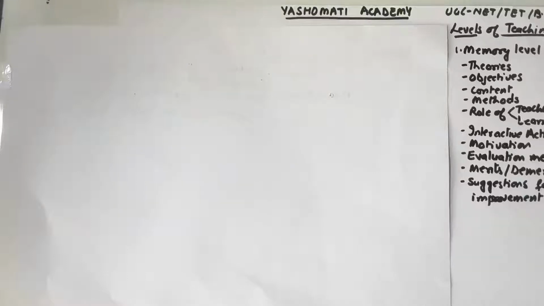Today we are going to start with the topic levels of teaching and teaching at memory level. In the previous classes we have tried to understand that due to the complexity of the subject matter which we want to teach, and due to variation in the intellectual and cognitive level of the learner and capabilities of the teacher also, the teacher has to select between different levels of teaching.